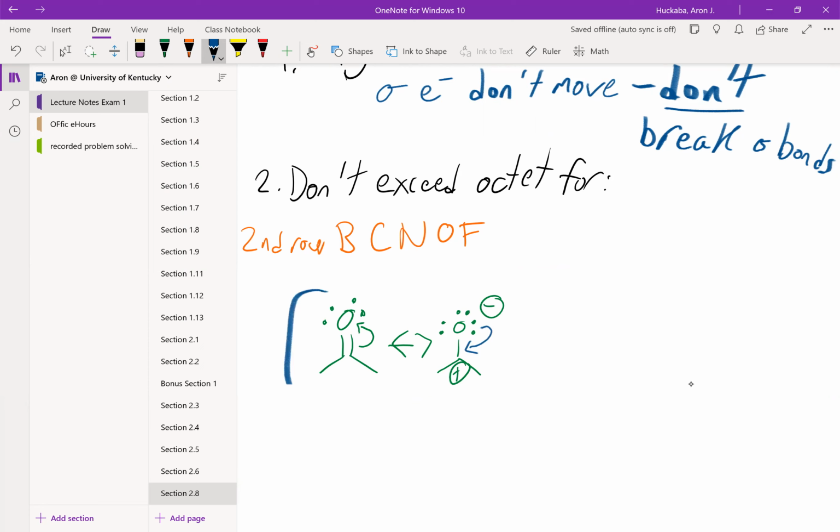And we always put the resonance forms in their brackets like this. This is a good way to use a resonance form, or to use a curved arrow.